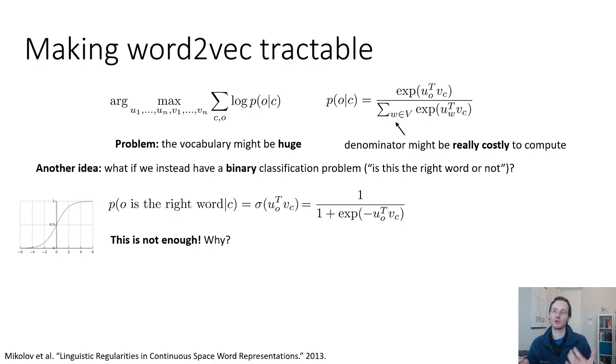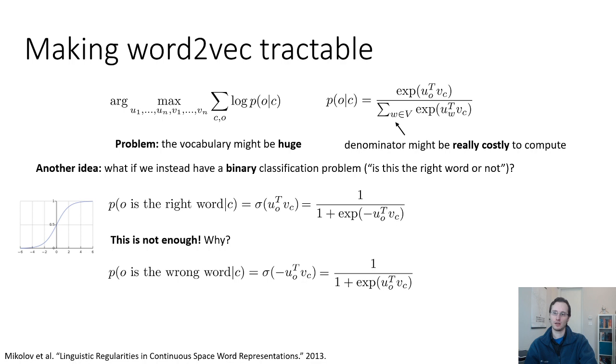In order to make this work, you also need to add in some examples of O's that are not the right word for C. So what we can do is also define P of O is the wrong word given C. There are a variety of ways we can define it, but a very simple one is to use the negative of the dot product.